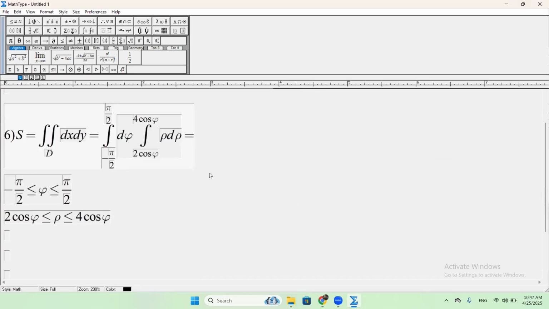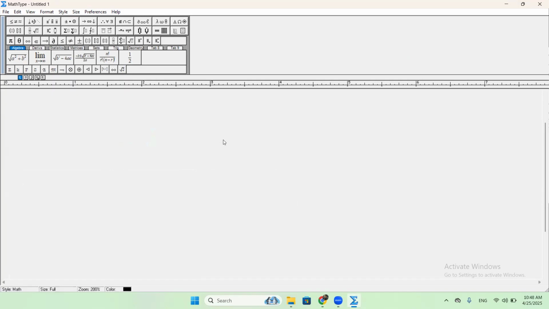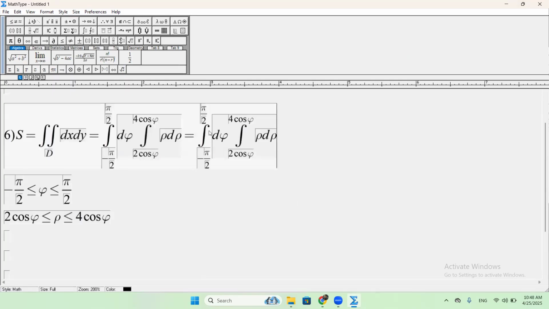In this case, we cannot split it into 2 independent integrals, but actually it's not complicated for us to calculate it. So we have the following integral: 1 over 2 rho square with the substitutions from 2 cosine of phi to 4 cosine of phi.